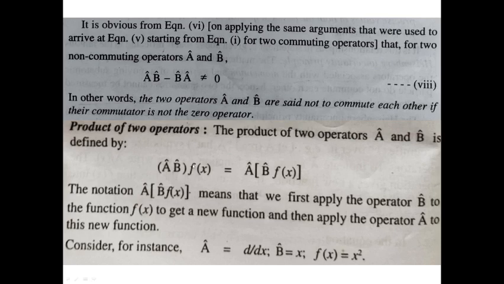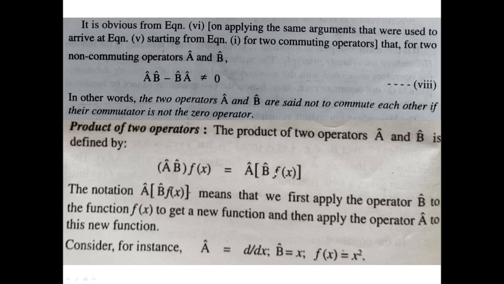Now we just have to check the product of two operators by substituting certain values for it. The product of two operators A and B is defined as A hat B hat f(x) equal to A hat acting on the function B operator on f(x).